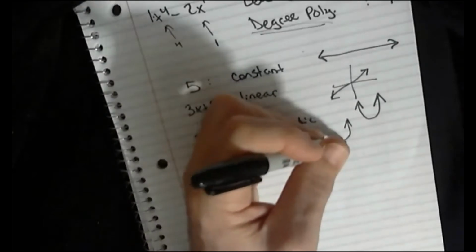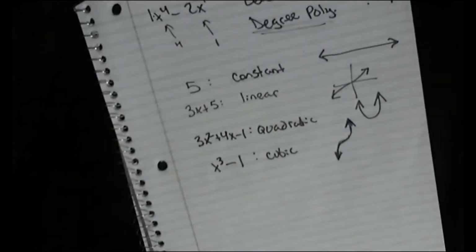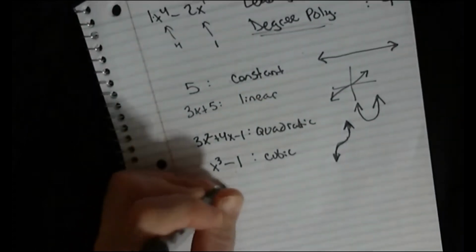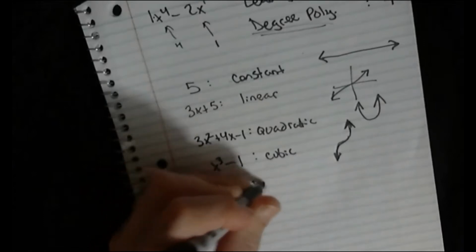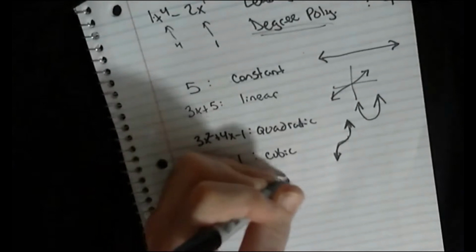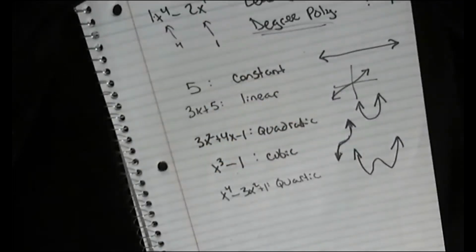A cubic function will go kind of down and to the left and up to the right, like so. And then the last one we're going to mess with is x to the fourth power. This is called a quartic function. If you graph this, it kind of makes a W looking graph.